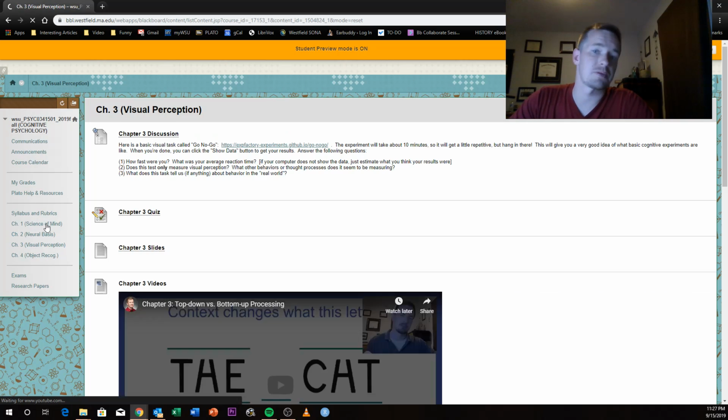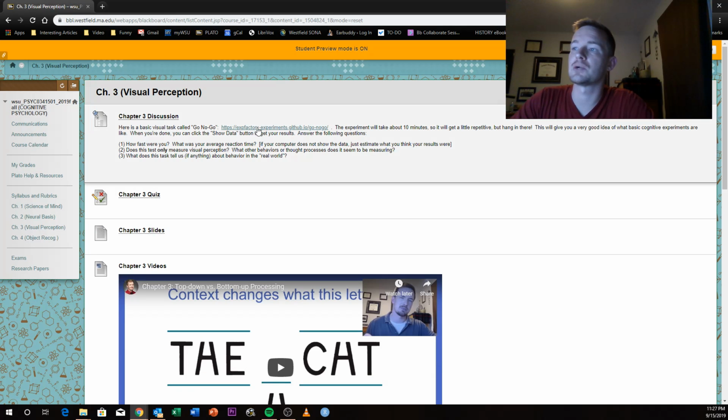Chapter 3 is a little bit more hands-on. Here you are going to be doing what's called a Go/No-Go task. This is a very popular task that is used in cognitive psychology. It's been around for a really long time, and it's used a lot to study different things: depression, attention, memory, decision-making, all different kinds of facets of behavior.